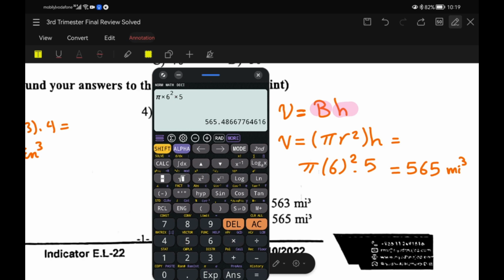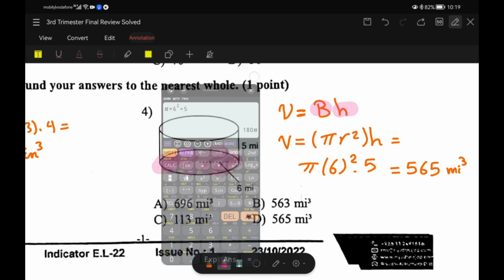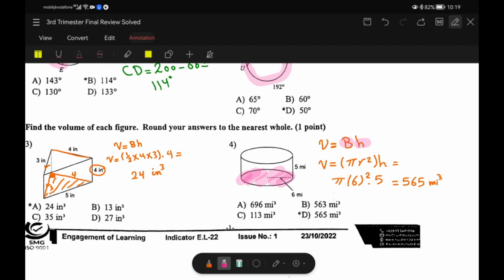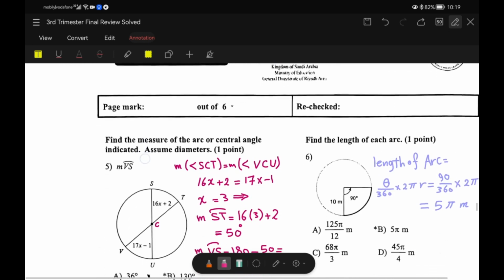So the final answer will equal that. Take that answer after approximation, it will be 565, because the question says to the nearest whole number. But if the answer contains pi, you have to press that S-D key, so the answer will equal 180 pi. I hope you get that well.